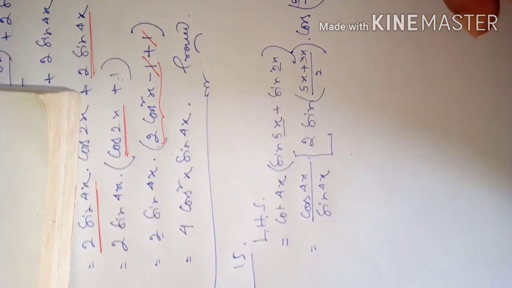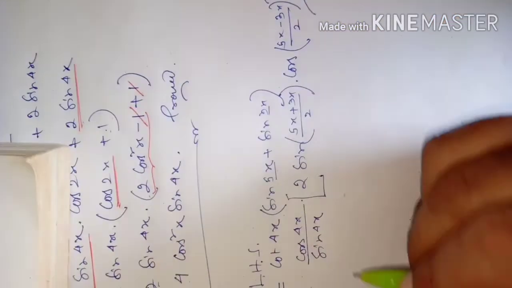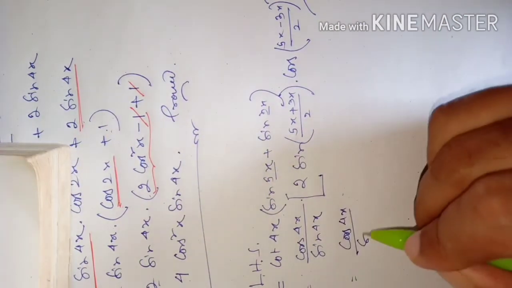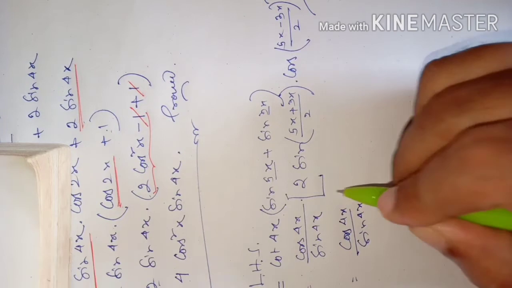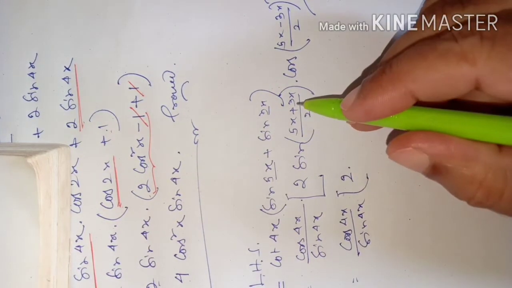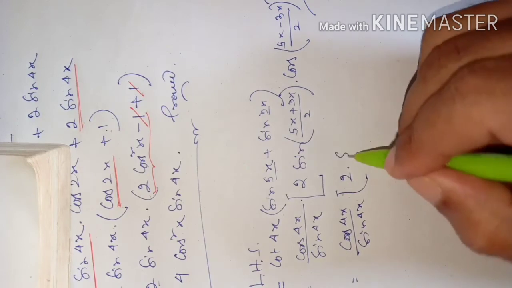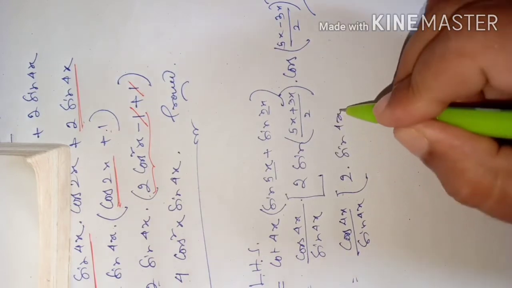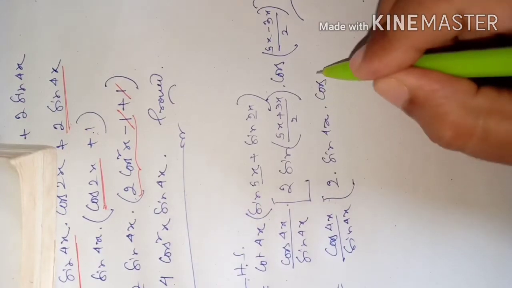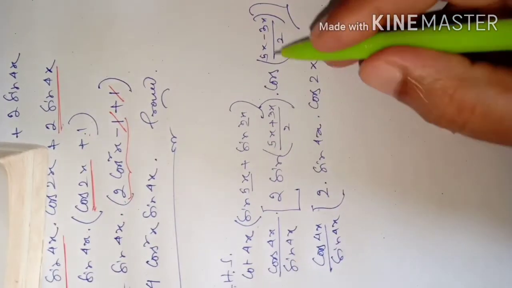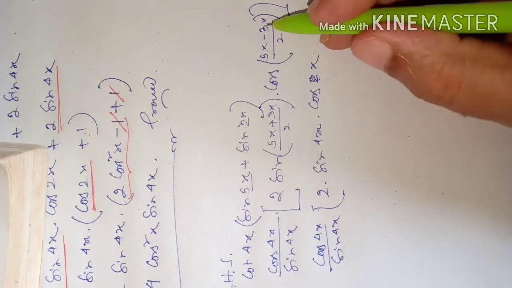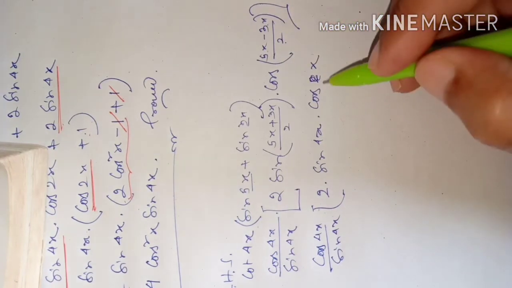Okay, then here we'll get cos 4x by sine 4x into 2 into sine of 5x plus 3x is 8x, 8x by 2 is sine 4x, and into cos of 5x minus 3x is 2x, 2x by 2 is just cos x.